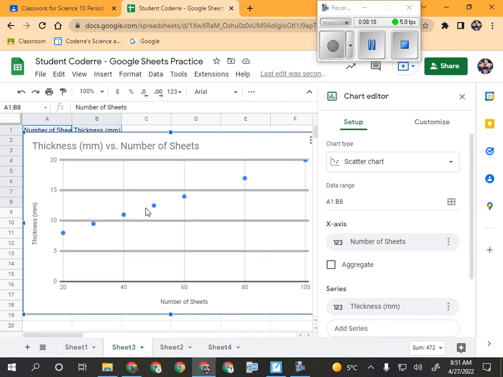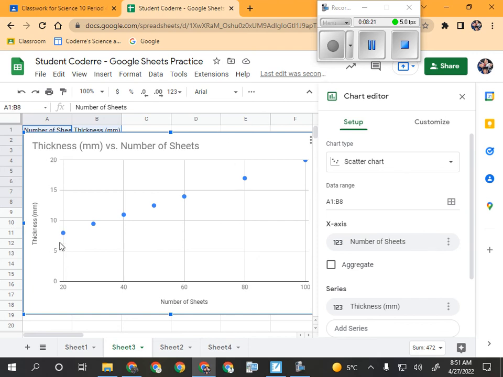Good. So we've now got our scatter plot, and look at this. We've got a title, which probably could be better. We've got our label on the y-axis, thickness in millimeters, and we've got number of sheets. We don't have to put a unit there because number is the unit. Everybody with me so far?